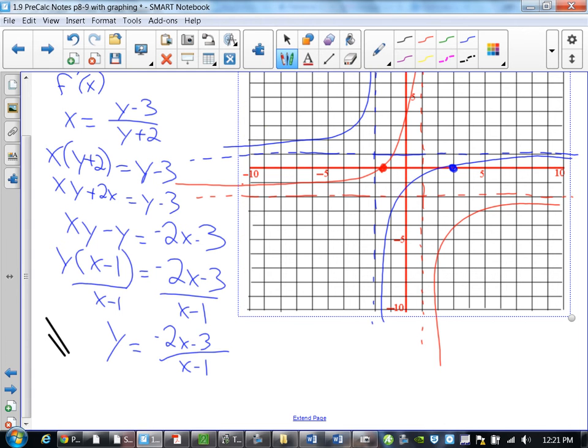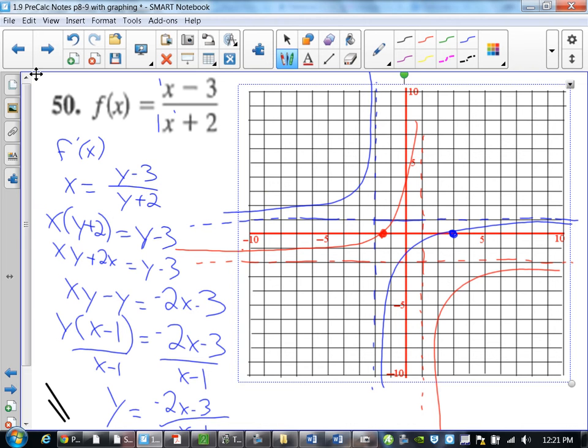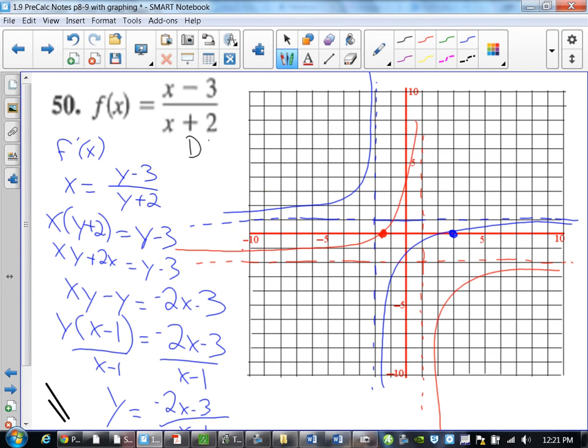Okay. We didn't talk about domain and range real fast. What is the domain and the range of the original function? Remember, domain is your restriction. Is there a restriction anywhere on x? For the first one, yes, your domain is all x not equal to negative 2.